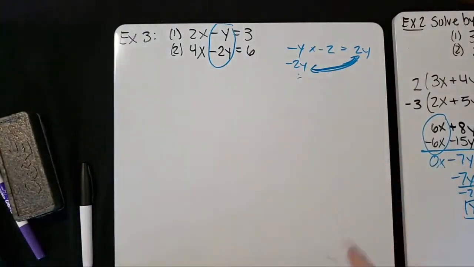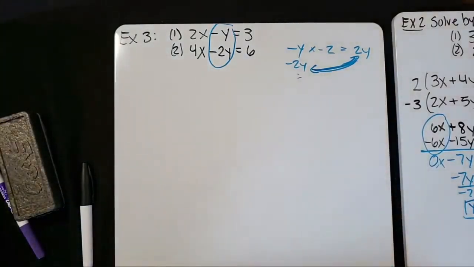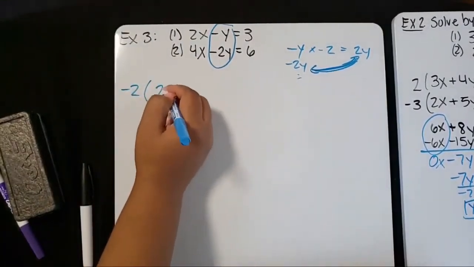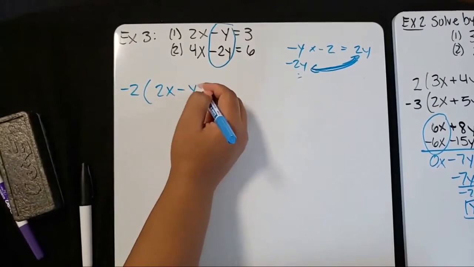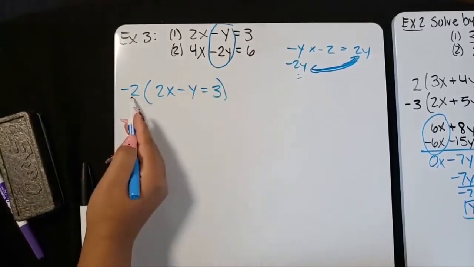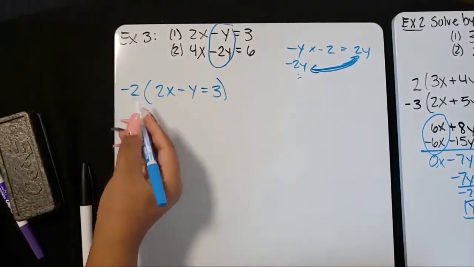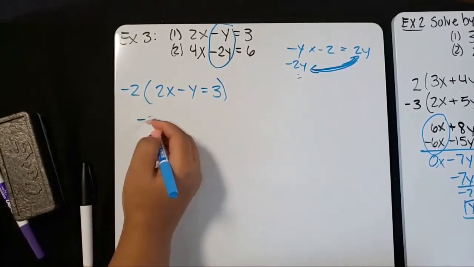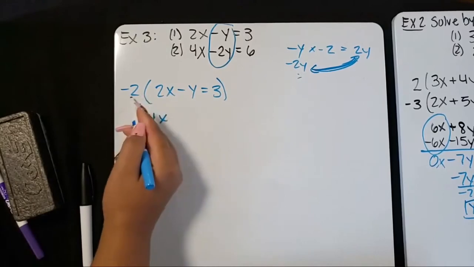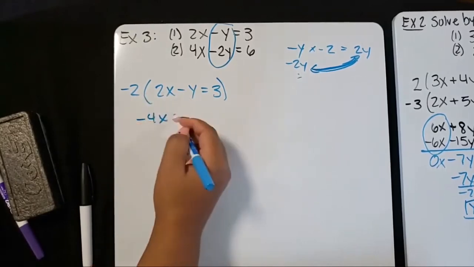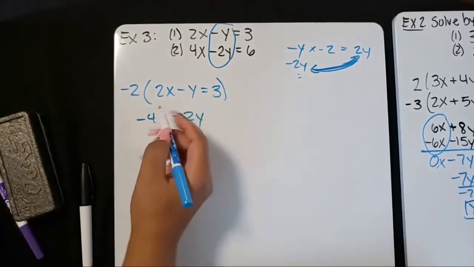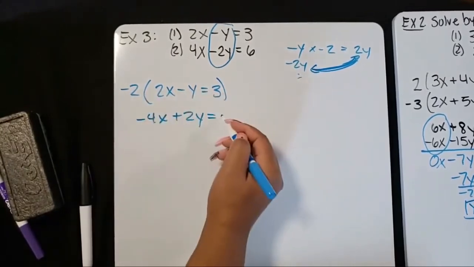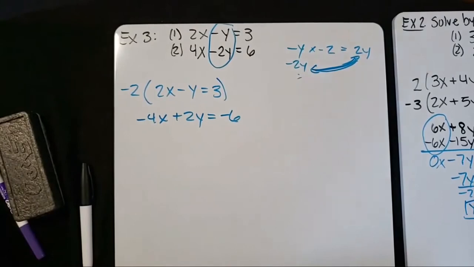So I'm going to take that first equation and I'm going to multiply the whole first equation by negative 2. So I'll have negative 2 times 2x, which would be negative 4x, negative 2 times negative y, which would be positive 2y, negative 2 times 3, which would be negative 6.